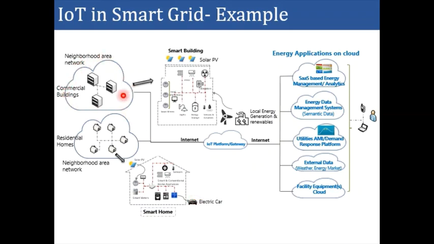Similarly, the commercial buildings can also have various sensors which are IoT enabled. So these will communicate over the internet to the remote applications. Say for example, if you want to deploy a demand response program, these devices will share the real-time measurement information to the remote applications and these applications will process the data for realizing the demand response program.